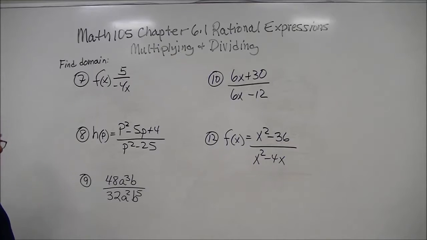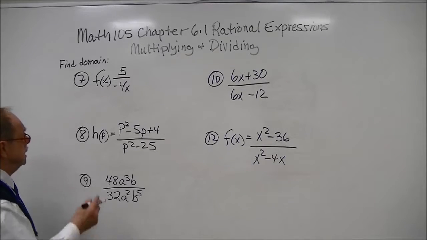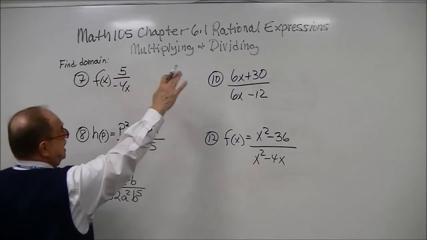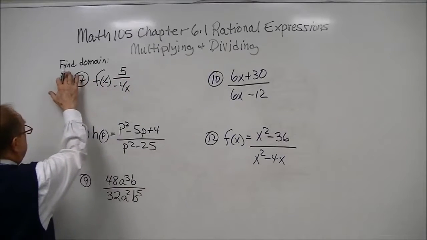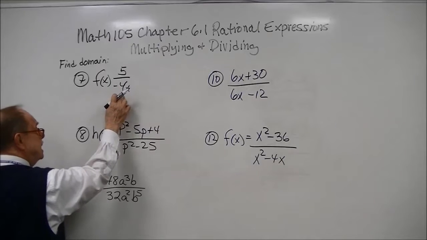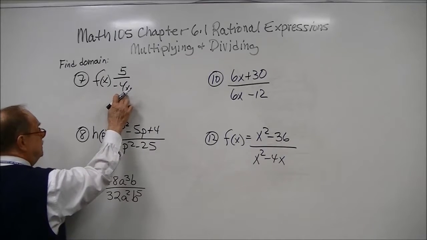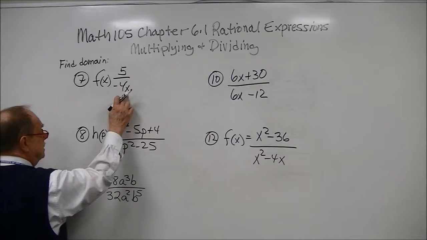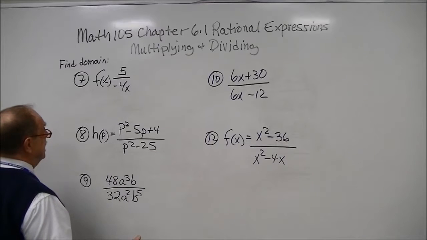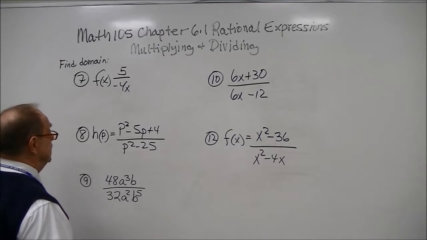And when we think of domain, what we're thinking about is a value of x that would make this denominator a 0. So when we're asked in rational expressions to find the domain, all we're interested in is the denominator and what value of x would make that denominator a 0. Because then it would be undefined.